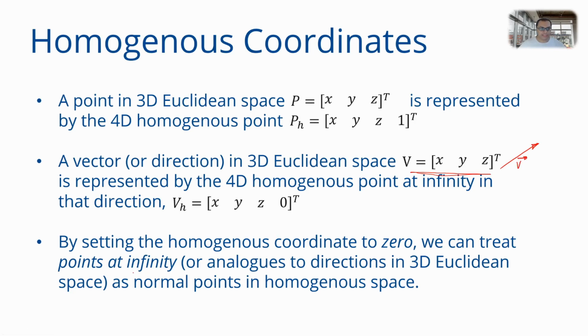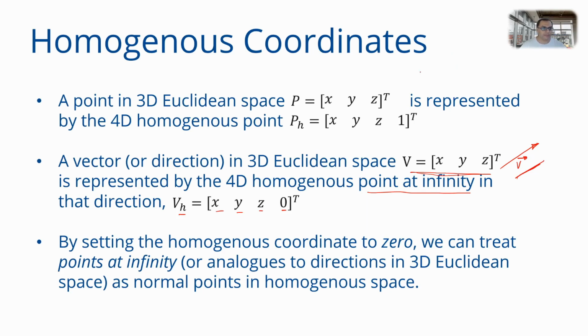In such a case, the homogeneous representation for V is going to be x, y, z, 0. So what this means is that it represents a homogeneous point at infinity. It is a homogeneous point at infinity in the direction of V.